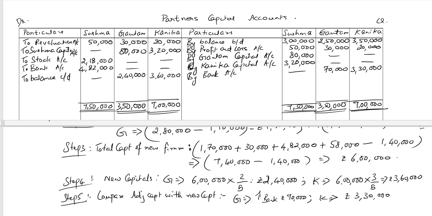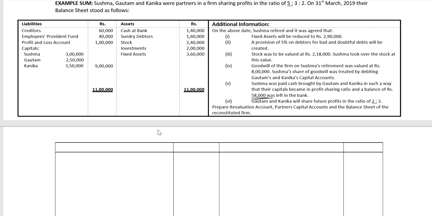So this is the partner's capital accounts. We'll go ahead with the balance sheet. Balance sheet as at 1st April 2019.